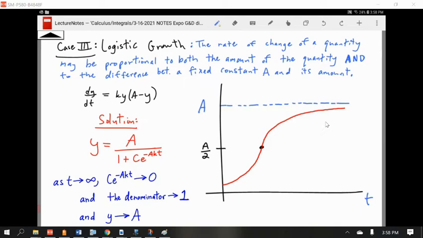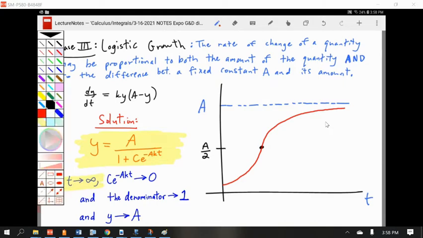And if you think about this equation here, this is listed in the book, so I wrote all these notes here. Think about this fraction. As t goes to infinity, well, this term, C e to the negative a k t power, will go to 0.